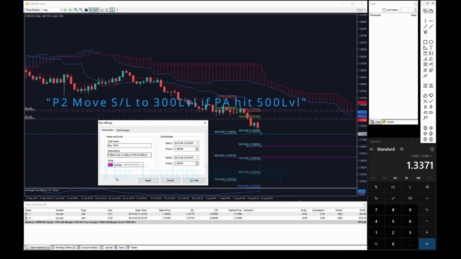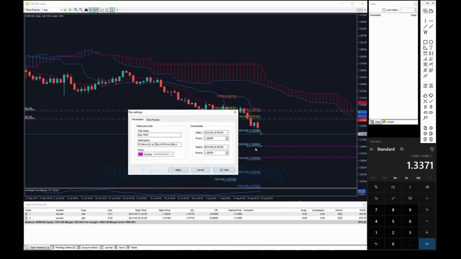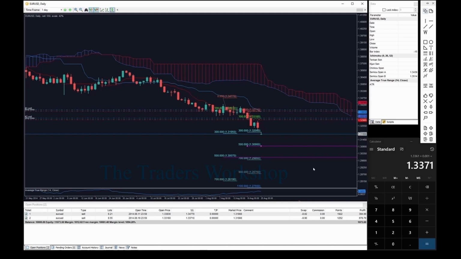The description should be, for position 2, move the stop loss to 300 level if the price action hits the 500 level. Now, for the exact price of the 500 level, 1.30960. The same goes for price 2. And we're done with position 2.